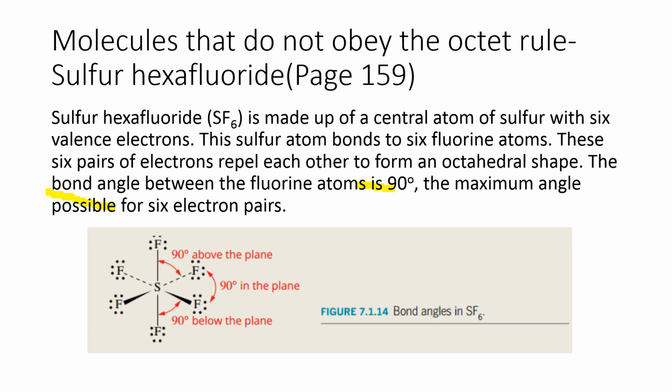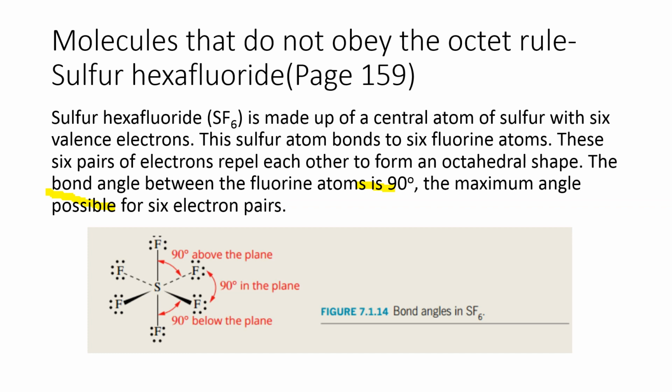So the angle here is not 109.5, it's not 120, it's not 180, it's 90 degrees because of the presence of those 6 fluorine atoms. And for them to repel against one another, the maximum separation you can possibly have here is 90 degrees between each fluorine atom.